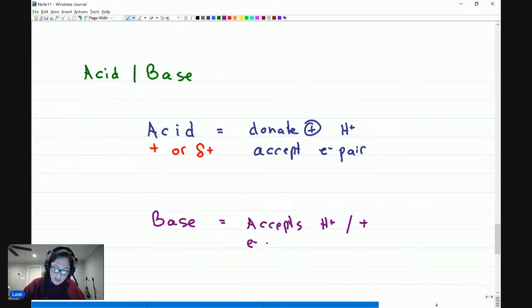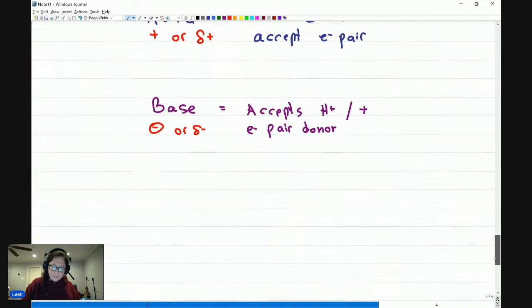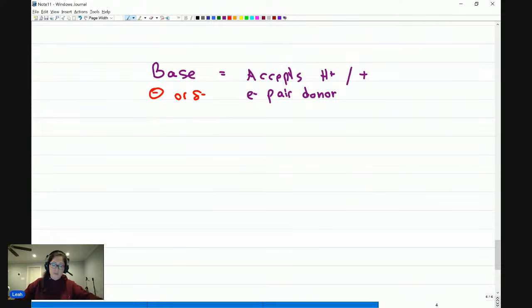If it's an electron pair donor, that electron pair is negative or partially negative. And so when we're looking at acid-base reactions, we're looking for something negative or partially negative compared to the thing that it's reacting with.